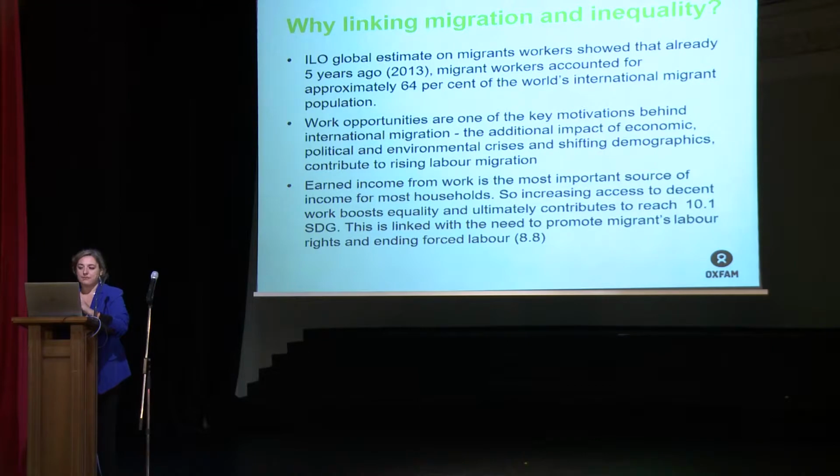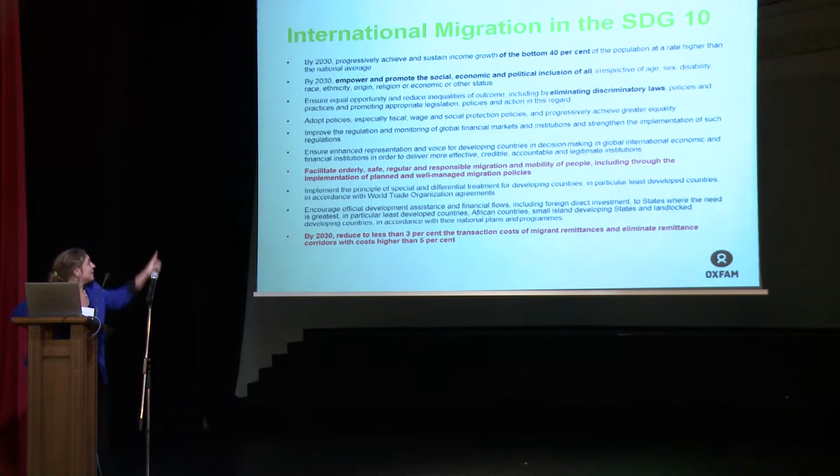So increasing access to decent work boosts equality and ultimately contributes to reaching target 10.1, that is sometimes mistaken for the whole of SDG 10, that is by 2030 progressively achieve and sustain income growth of the bottom 40% of the population at a rate higher than the national average.